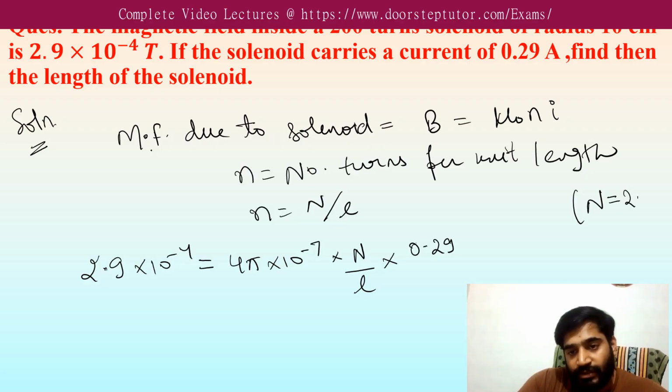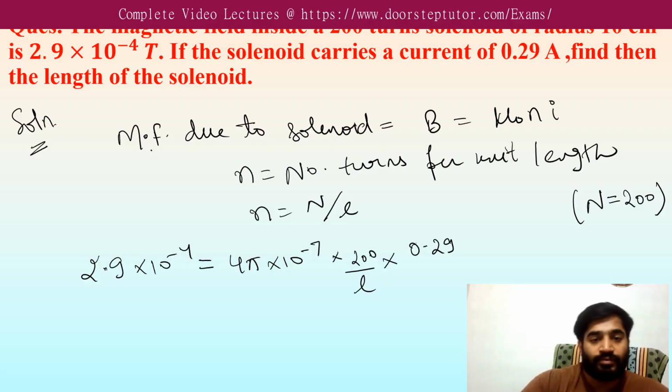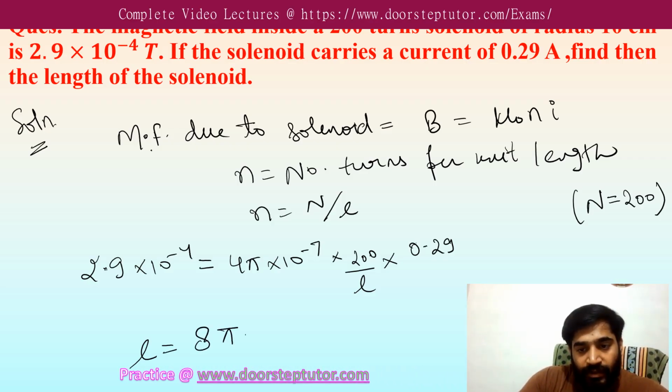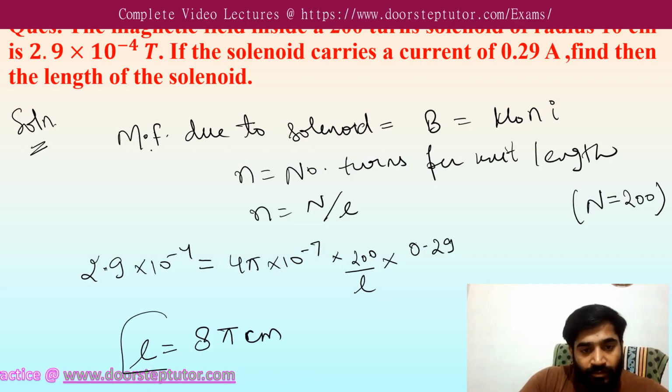The number of turns given in the problem is 200. From here, L can be easily determined, which is going to be 8 pi centimeter.